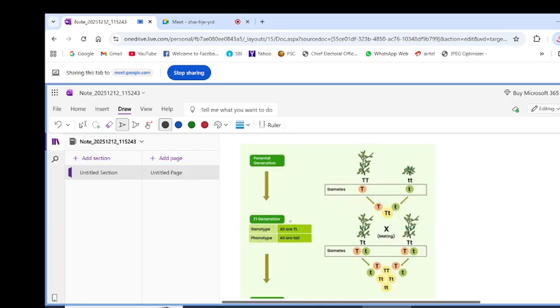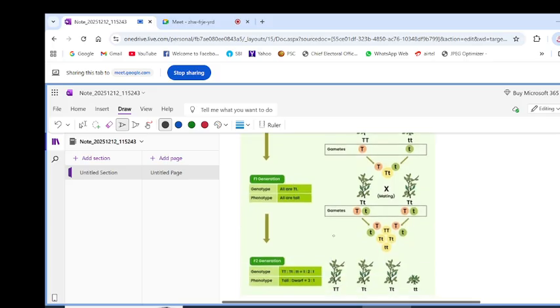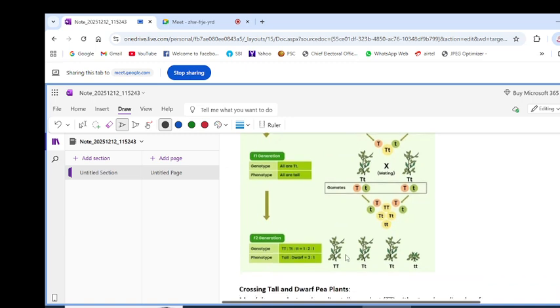In the next step, he did self pollination between the F1 generation plants. In the second generation, he got another result.